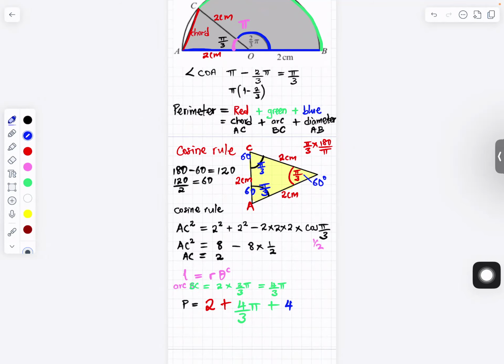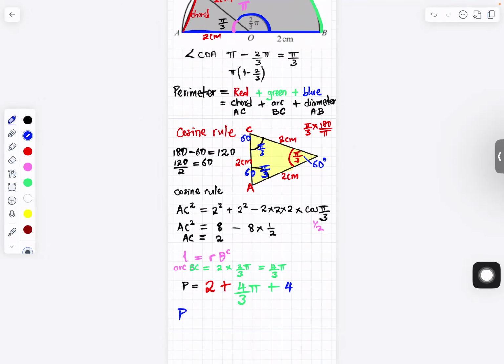So 4 plus 2 is 6. So adding these together, the perimeter of the brooch is 6 plus 4/3 pi centimeters. Sometimes we put them in brackets to make it look tidy.